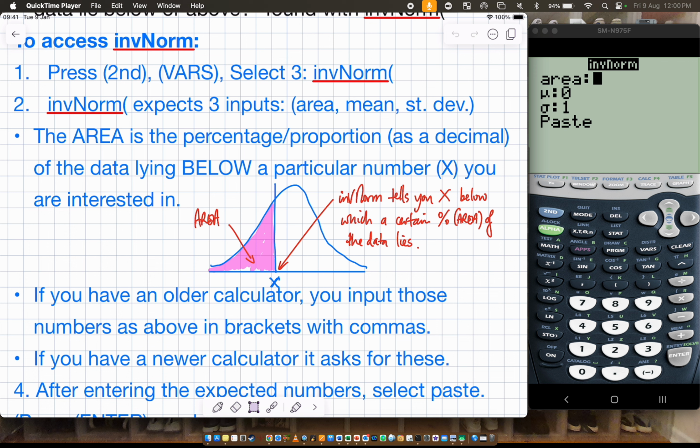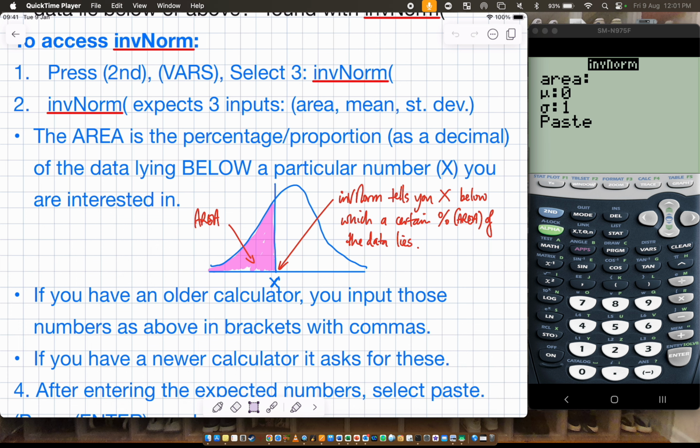Now, I know the area, and I'm asking the calculator, what's the number where a certain area lies below? Okay? So literally, when you're doing your questions, if you have a question that says, what percentage or proportion of the data, you're doing normal CDF. If your question tells you the percentage, you're doing inverse normal.